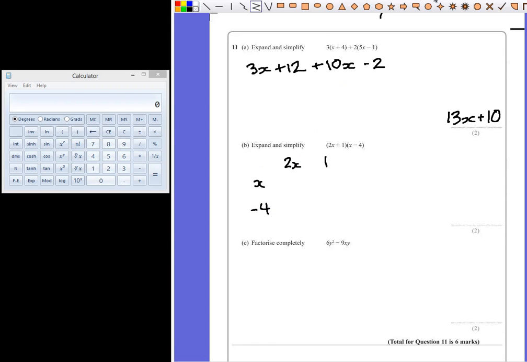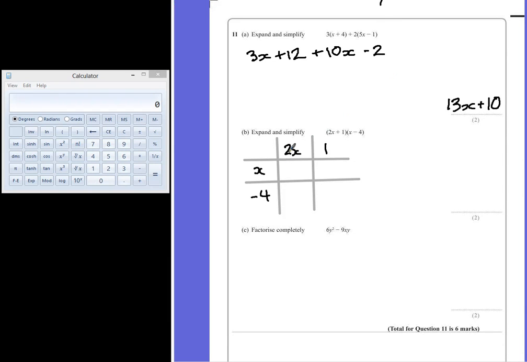And this can be put into a multiplication grid, exactly the same that we would do if we were just dealing with numbers. 2x multiplied by x is going to give us 2x squared. 1 times x is x. 2x times negative 4 gives us minus 8x. And 1 times minus 4 is minus 4.